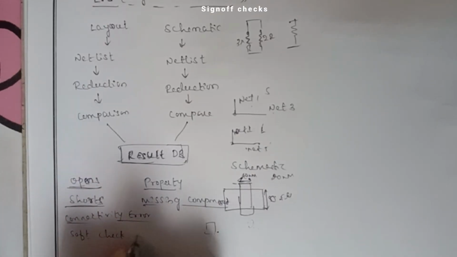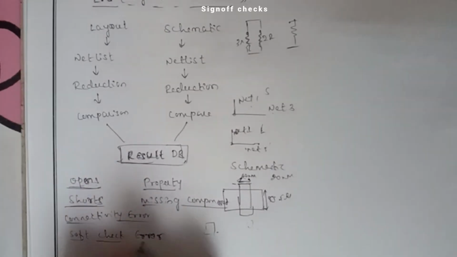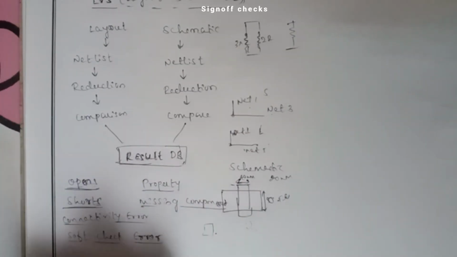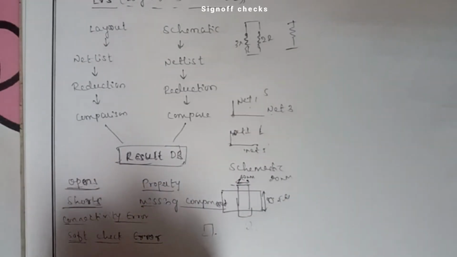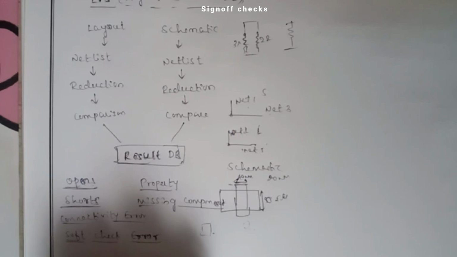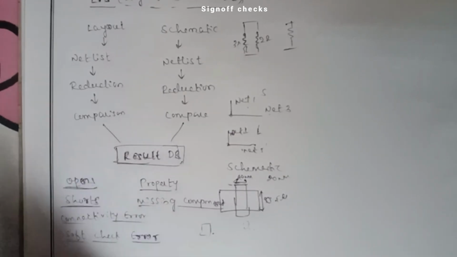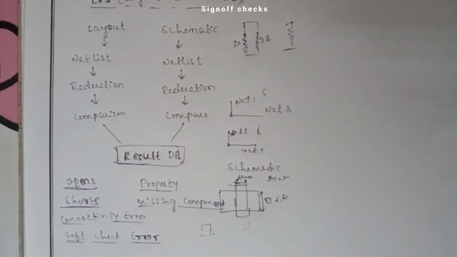Soft check error is actually the base layer error. If any base layer is shorted to another, it will give the soft check error, or ERC error, or stamping conflict.